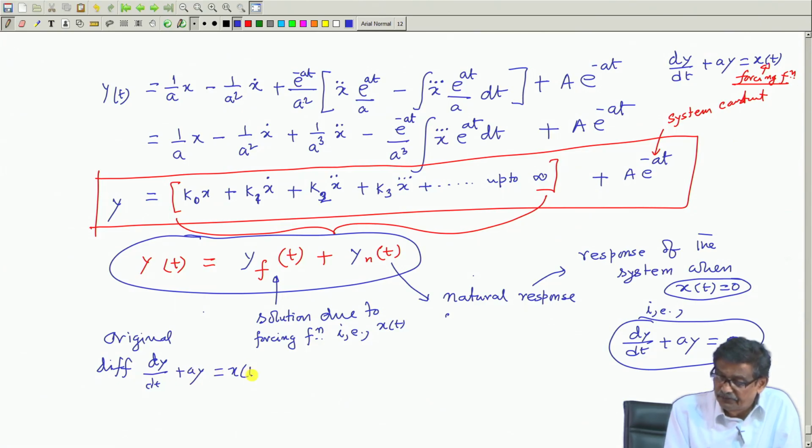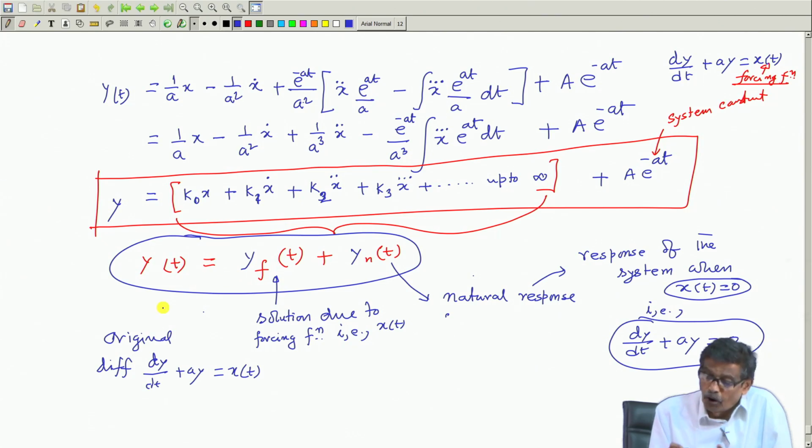This is my original differential equation, and we have got this total solution. Now, two observations. Obviously, if you claim this is the solution, then if I substitute this here, it must satisfy this equation.